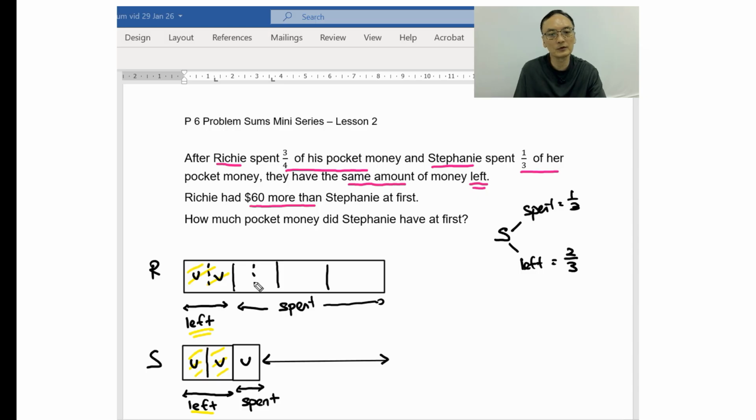So we're going to split his model this way. Next, we're going to tabulate the number of units for Richie. 1, 2, 3, 4, 5, 6, 7, 8. Richie now has 8 units, and Stephanie would have 3 units.